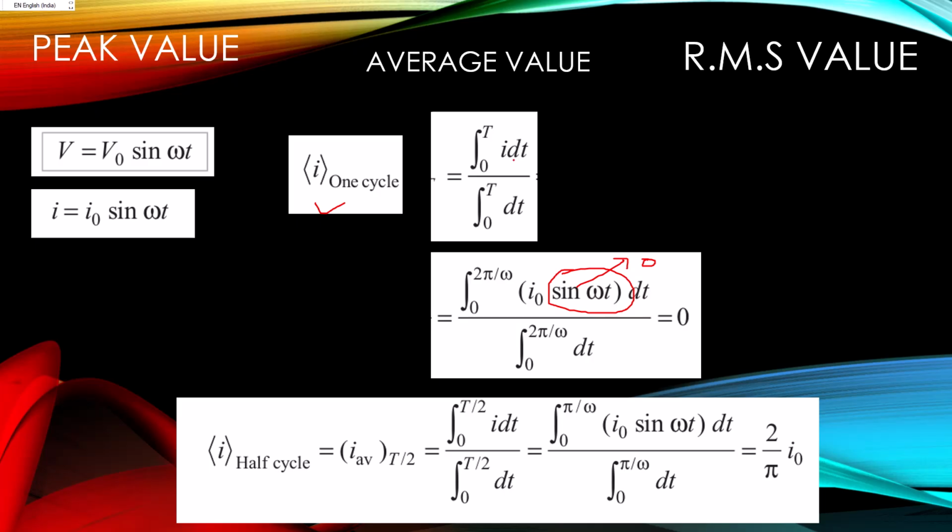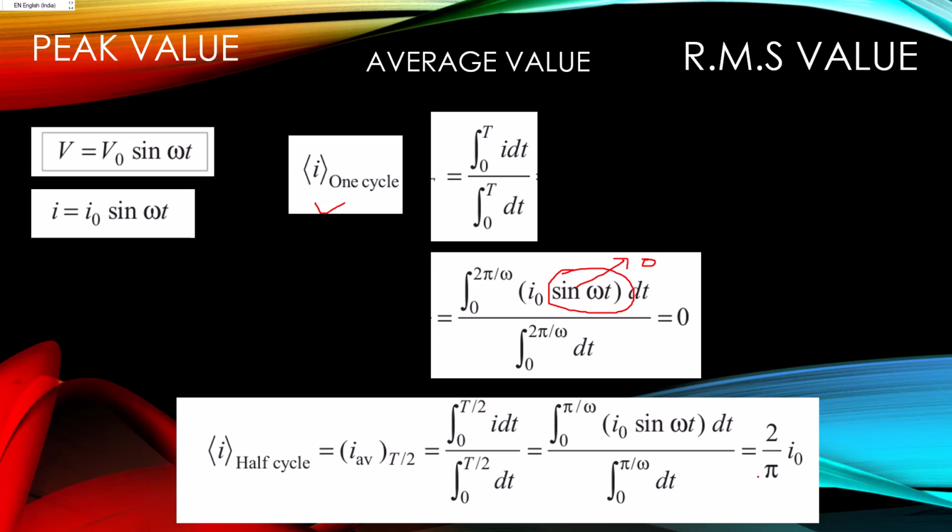So we calculate the average value in a half cycle. Half cycle means the time period is half. So this reads the integral of I dt from 0 to T by 2 divided by the integral of dt from 0 to T by 2. We put in I0 sin omega t, and with a very simple calculation we will find 2 by pi times I0.